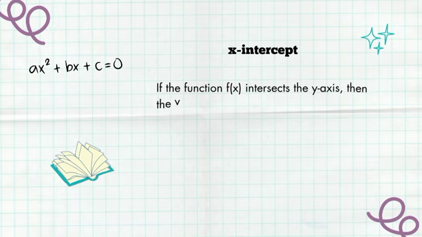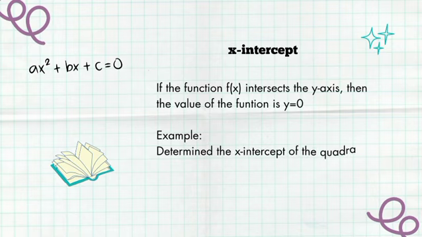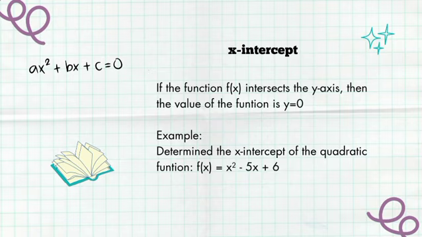Okay, x-intercept. The x-intercept of a quadratic function. Now, how do we find the x-intercept of a graph, including the graph of quadratic functions? If the graph of f(x) intersects the x-axis, then it intersects the x-axis when f(x), or y, equals 0.